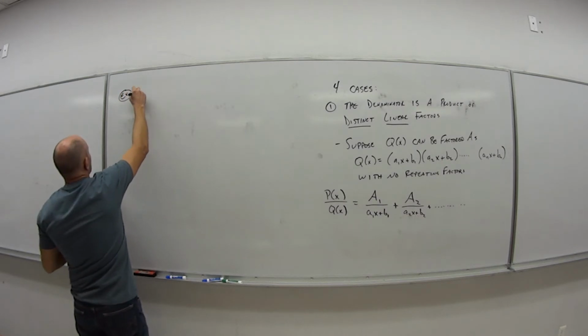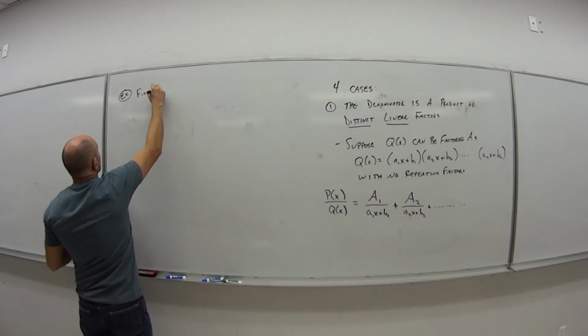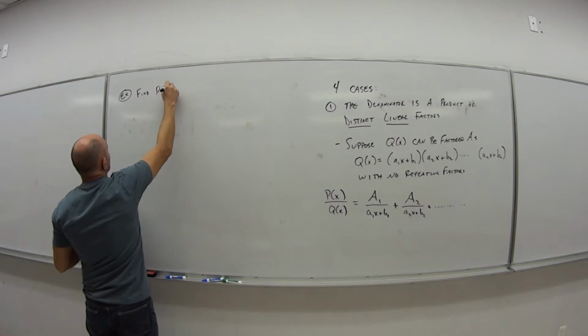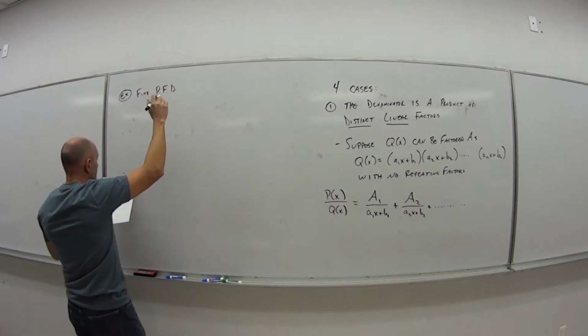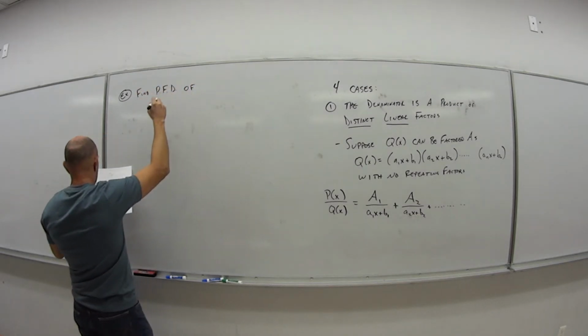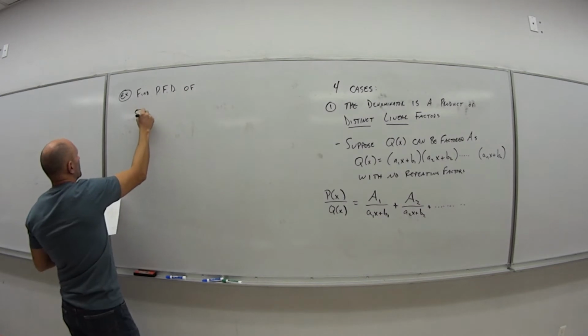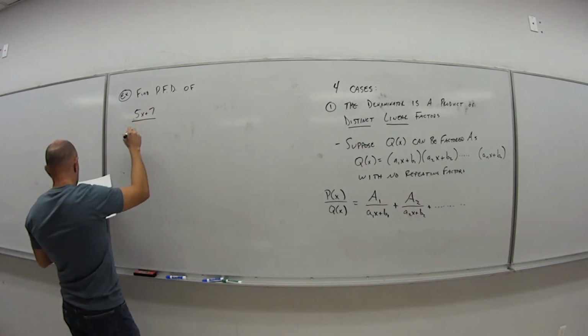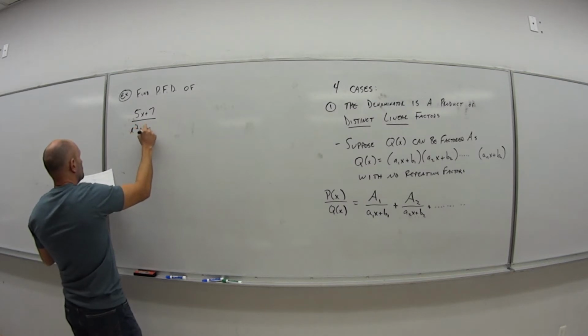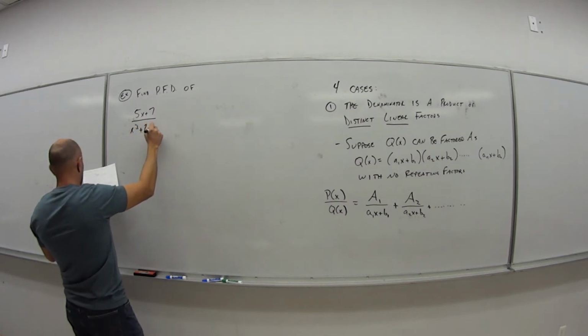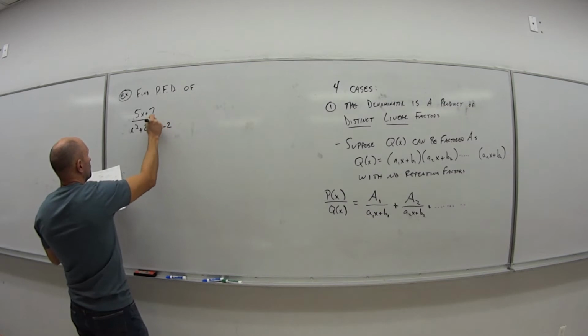Let's say we want to find the partial fraction decomposition, PFD, of 5x plus 7 over x to the third plus 2x squared minus x minus 2.